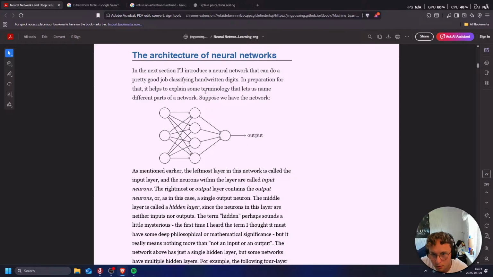What? No. The middle layer is actually called the hidden layer, by the way. They use different terminology. The middle layer is called the hidden layer since it's neither input nor output. So input layer, hidden layer, and output layer. And I think I said that before.